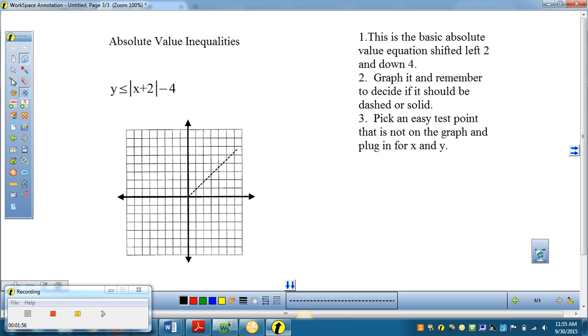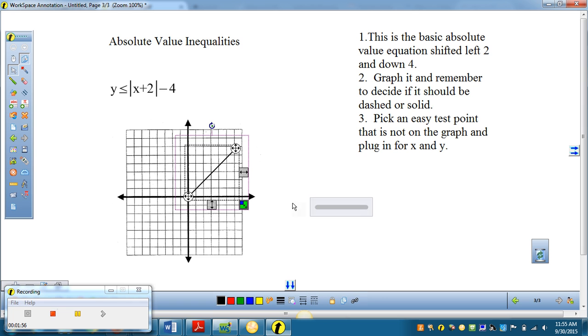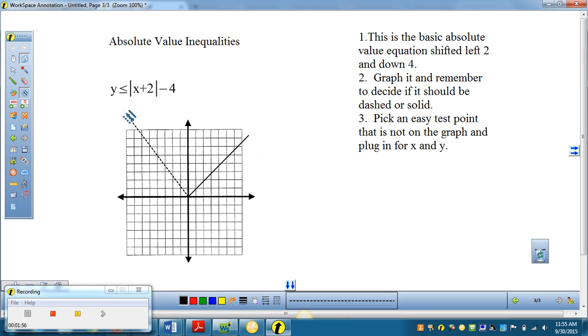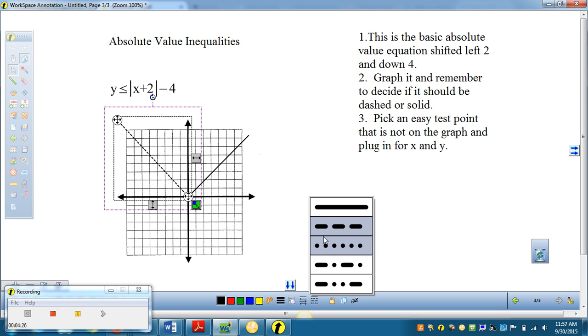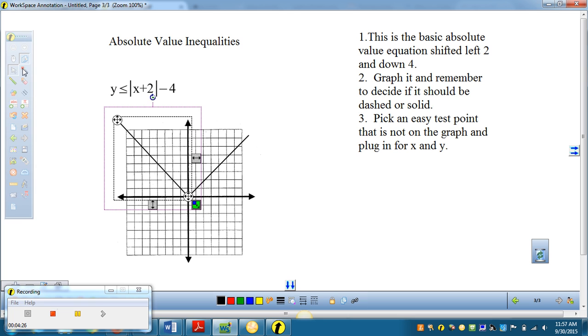I do want solid lines instead of dashed, right now, just to show the equation. I'm going to extend it a little further. There's that one, and that one. Let me make it solid. All right, so that's the regular absolute value function.